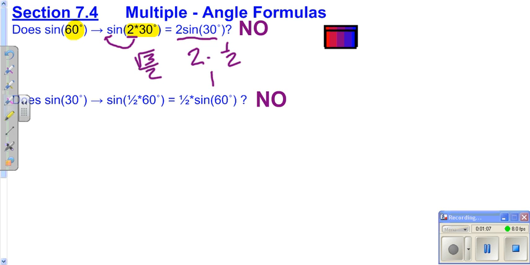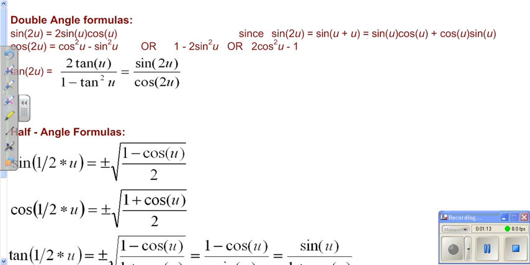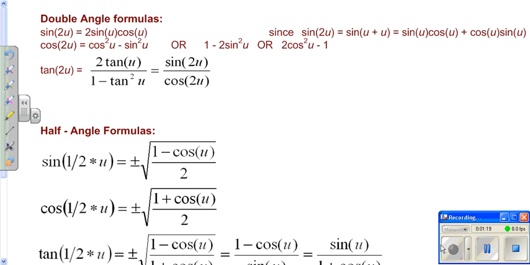So how do we deal with multiple angles, meaning a number in front of an angle? What we want to do is use our double angle formulas. When you're dealing with a 2 in front of your angle for your sine, you want to go the sine of that initial angle times the cosine of that initial angle times a 2.